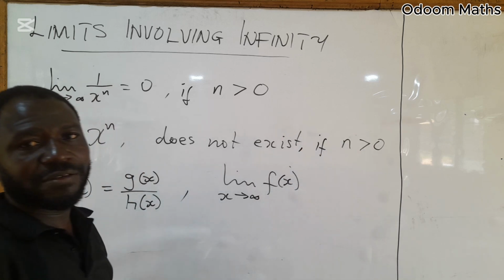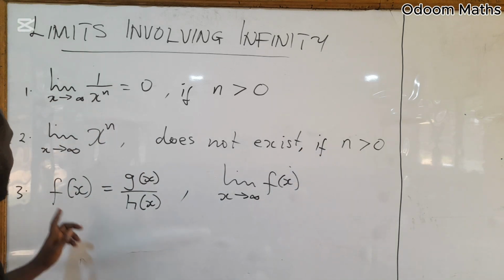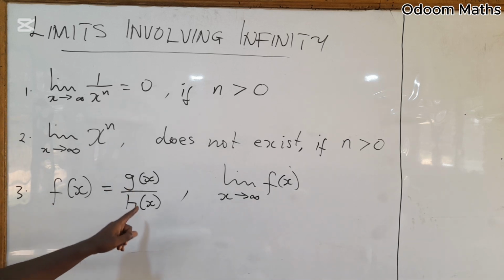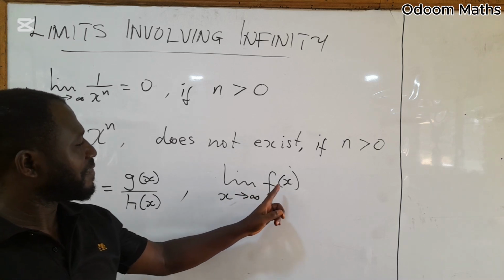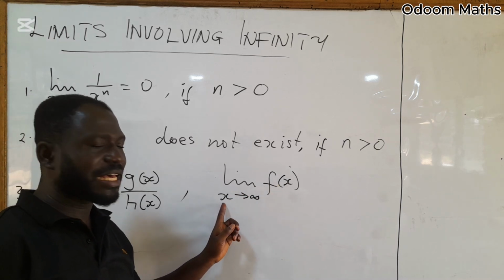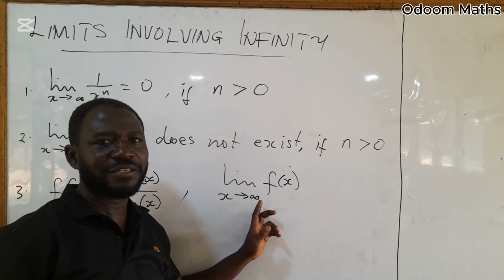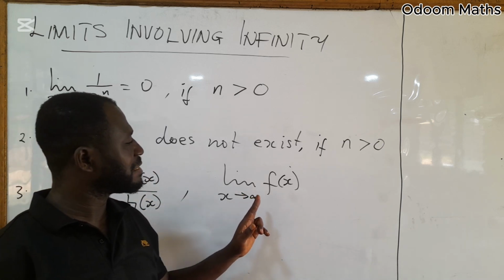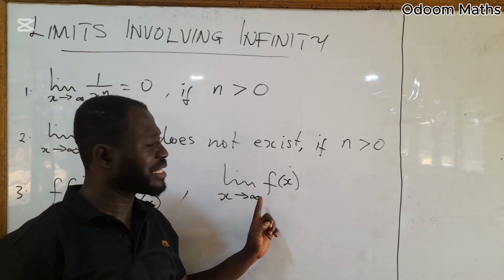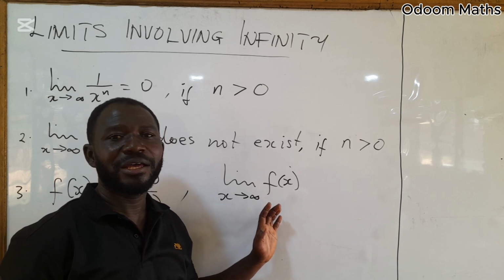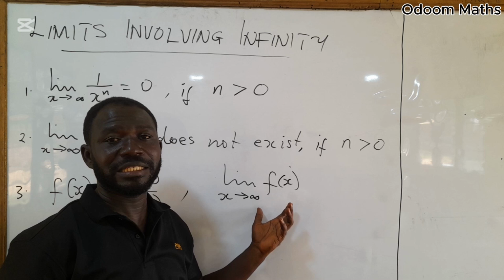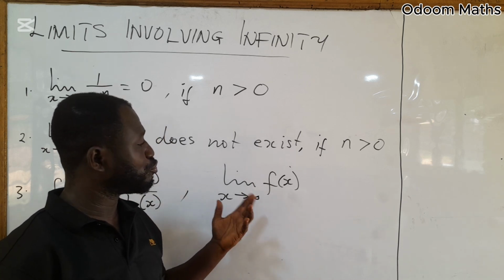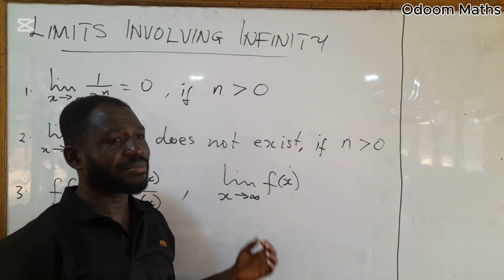Now, if f of x is equal to g of x over h of x, then the limit of f of x as x approaches infinity can be found by dividing the numerator and the denominator by the highest power of the variable in the question. Okay, so let's take an example and see how we can go through some of these limits.